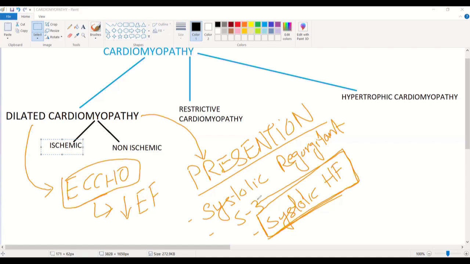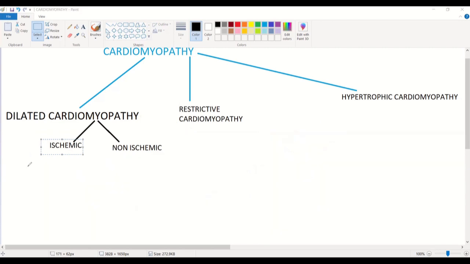The treatment of dilated cardiomyopathy is the same as systolic heart failure. We already discussed the treatment of systolic heart failure in the heart failure lecture.